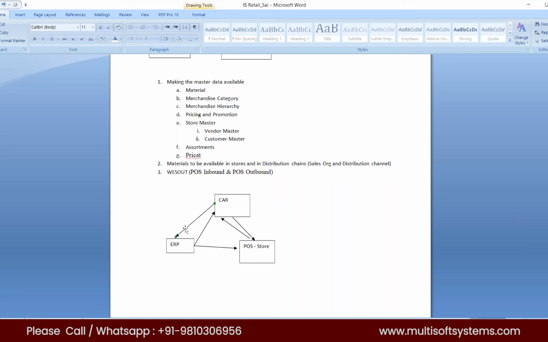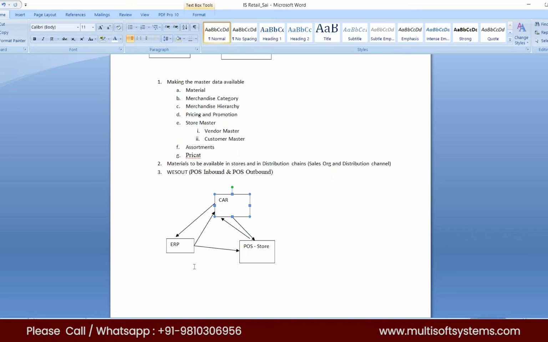You know the reason SAP has introduced CAR? Tell me. The reason SAP has introduced CAR is that the interaction between the ERP system and the POS system is not real time. If the POS information is sent to the CAR system in real time, and it feeds back to the ERP system in real time, the ability of ERP to interact in real time is very, very feeble.